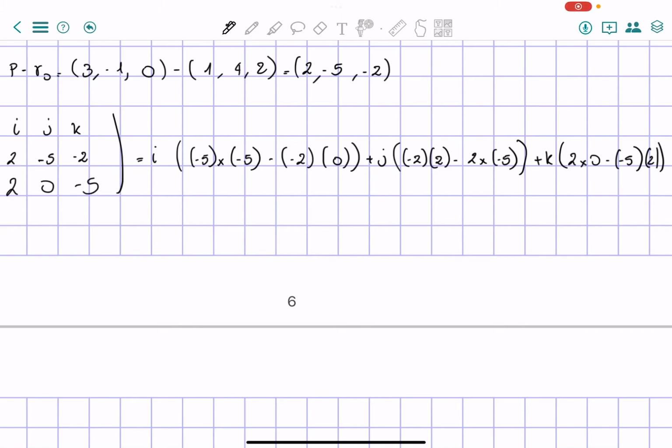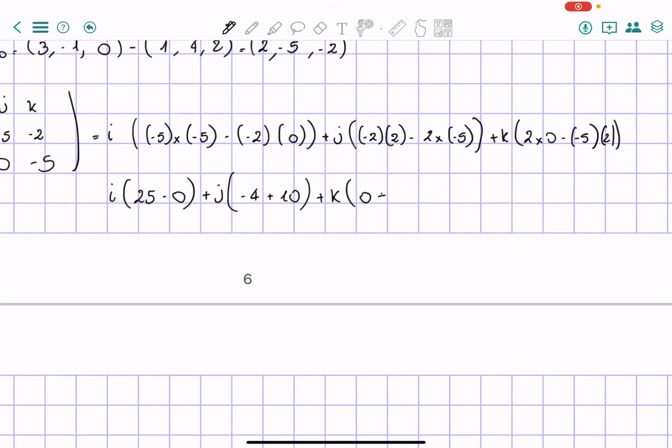So in the i direction we have 25 minus 0, or plus 0, doesn't matter, plus j, negative 4 plus 10, plus k, which is 0 plus 10. So we have 25i plus 6j plus 10k, and there is our final answer for the cross product.